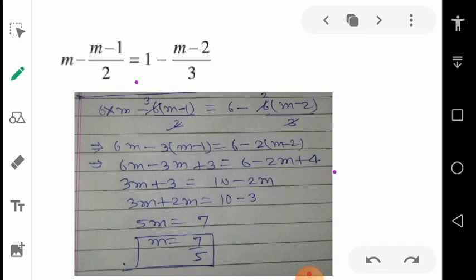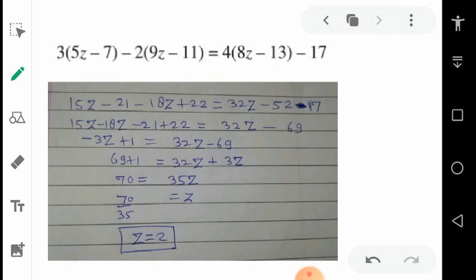The value of m is substituted here. Wherever you see m, just write 7 upon 5 and you will see that LHS equals RHS. So our answer will be right. If both sides are not equal, it means your answer is wrong. So you can do a cross check for this question in your rough notebook. Now there is another question.